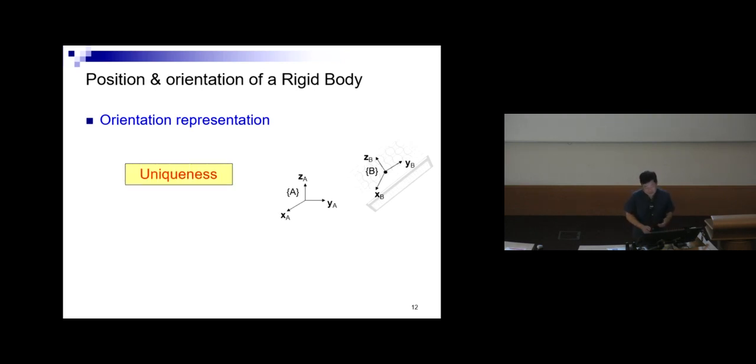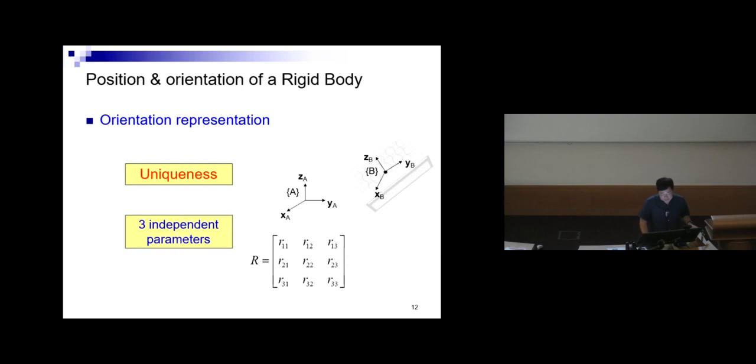So what happened here is we see that this way of representing the orientation is unique. Of course, you can attach a frame here or here or at the corner and so on, but eventually you will have a unique representation.